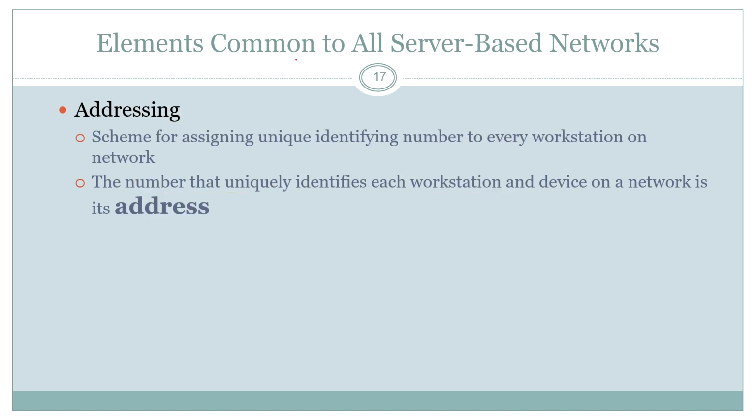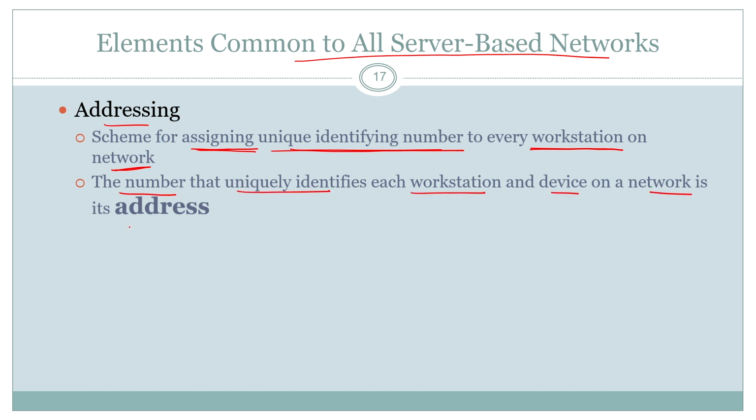Then another element common to server based networking is addressing. So, what is addressing? Addressing is a scheme for assigning a unique identifying number to every workstation on the network. You want to identify a particular workstation in a network, and for that you need to assign some unique number through which you can definitely identify that workstation. That is called addressing. The addressing mechanism is the scheme of assigning the unique identifying number. So, this number that uniquely identifies each workstation and device on a network is known as its address.